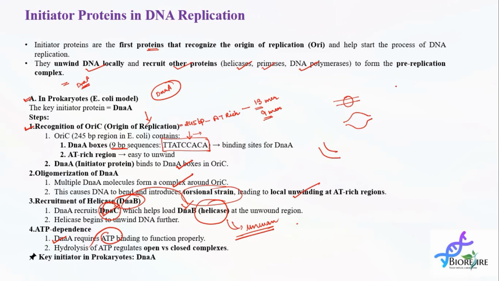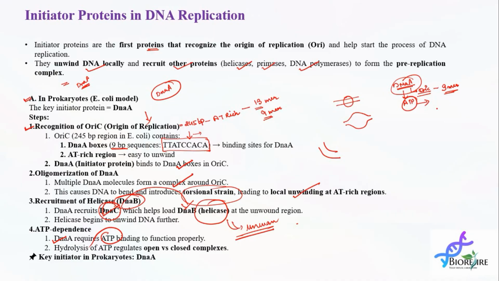In short, first DNA A recognizes the ORI region. In the ORI region, basically it recognizes the 9-mer sequences, and for performing its action it requires ATP. Whenever this ATP is hydrolyzed, the unwinding process will start. A number of DNA A proteins will bind and create torsional strain.